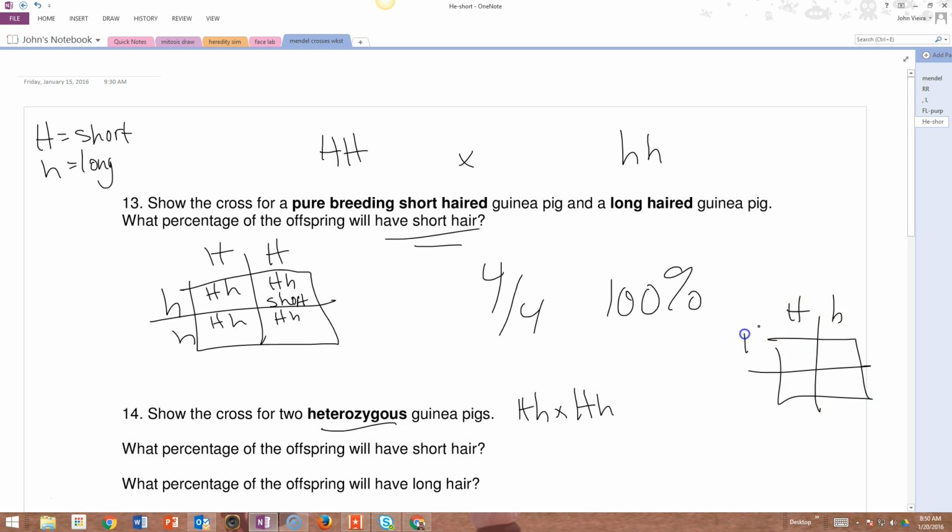Big H, little h, big H, little h. Homozygous dominant, short, short, short, and then that's going to have long. So what percentage will have short? 75%. What has long? 25%.